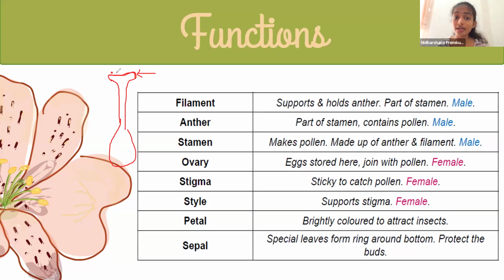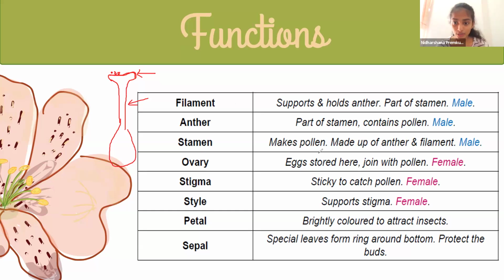Remember we saw the yellow colored dots earlier? That was the pollen. So it is sticky in order to catch this pollen. The style, the long tube-like structure, is there to support the stigma. It is a tube-like structure, therefore the support of the stigma.